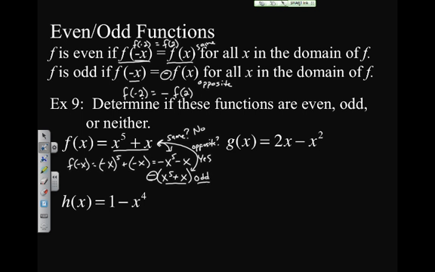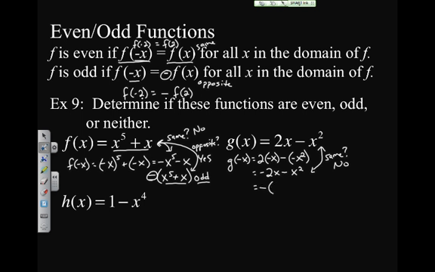When we look at g of x, again, we plug in g of negative x. That's 2 times negative x minus (negative x) squared. So this is negative 2x minus x squared, because that'll give us a total of 3 negatives. So again, we check. Are these the same? And again, the answer is no. So then we look, are they opposites?